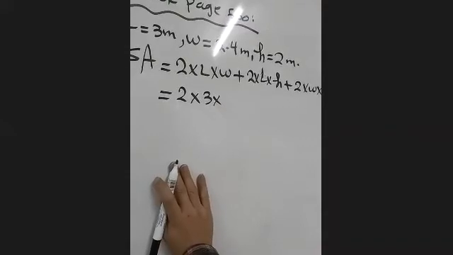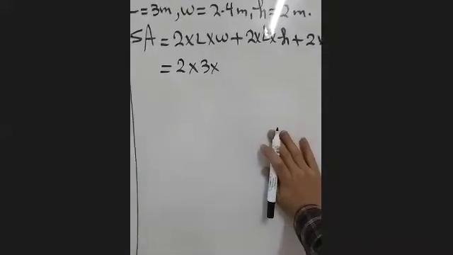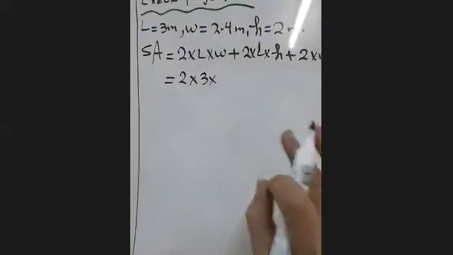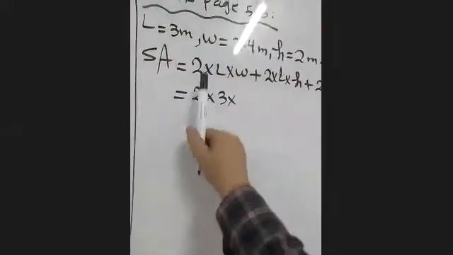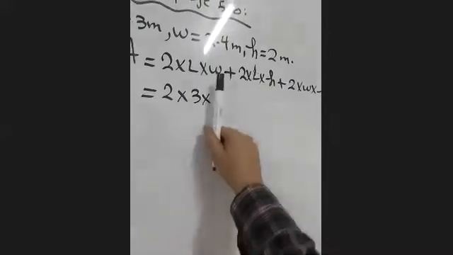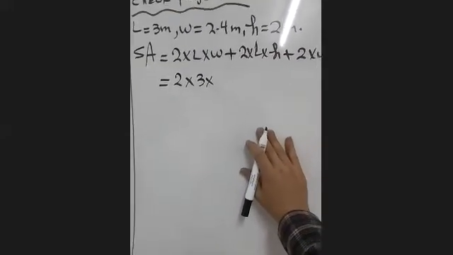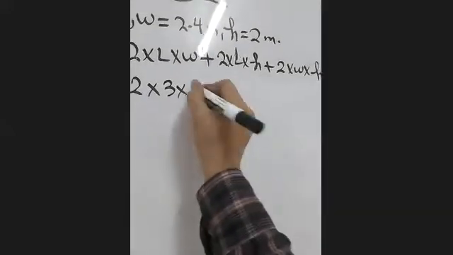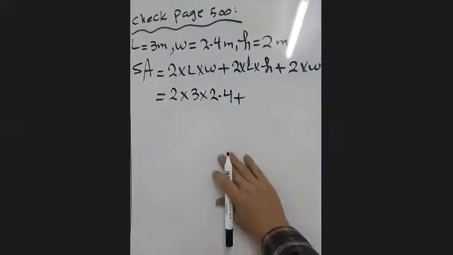No, I mean the width. Focus, Shukri. Again, 2 comes down, length comes down. What's now? The width. How much? 2.4. 2.4. Yes. Plus. Then plus 2 multiply.